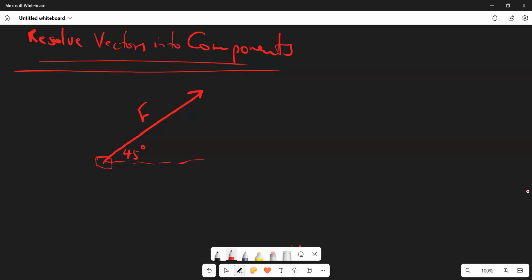And again, I'm oversimplifying the situation, right? I'm saying that when you pull this body with this force, that force is enough to overcome the frictional force. Let's see, okay, friction, I can't use F on it.